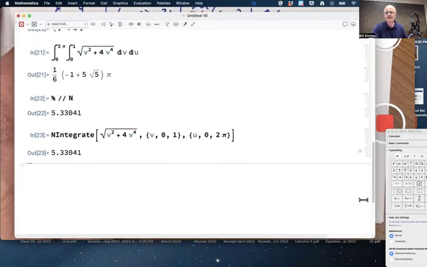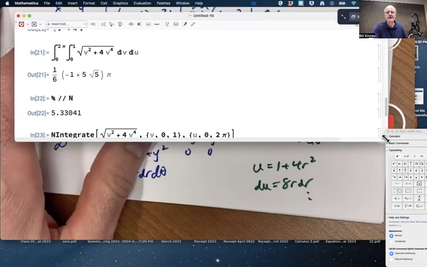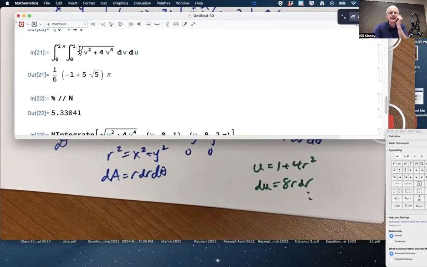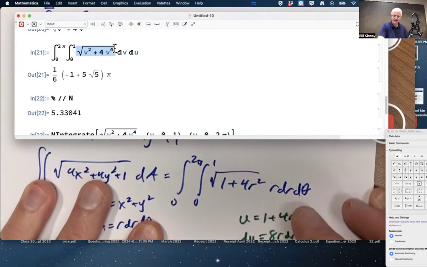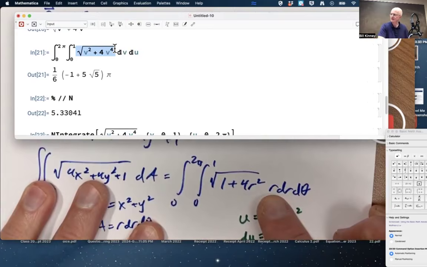Yeah, it's effectively the same, though it's not obvious why. Because in this square root, you could factor out a v squared. And then the square root of v squared is the absolute value of v. And then the absolute value of v when v is positive is equal to v. And you effectively get this integral here. You effectively do get the same integral.